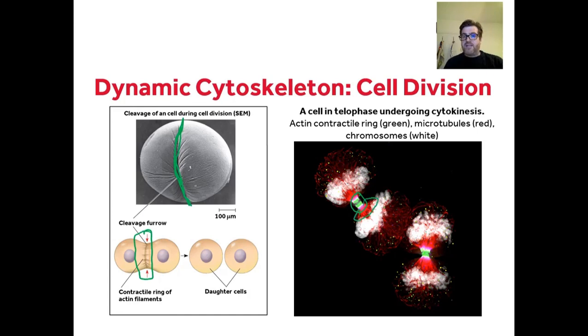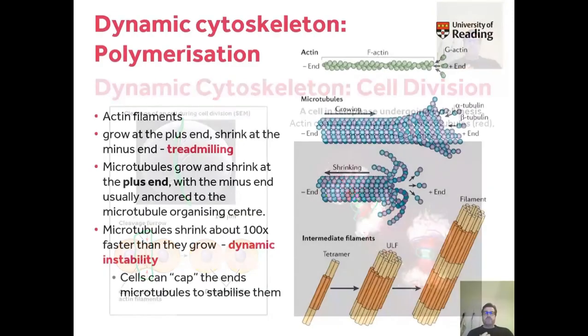So if you're colorblind, I'm sorry, they both appear brown, but I've tried to highlight those two structures. And again, we can see that is the actin there, and this region here is the microtubules. So you can see the interaction of two different components of the cytoskeleton in that division from one cell into two daughter cells.